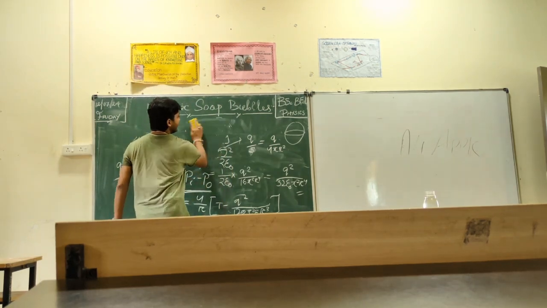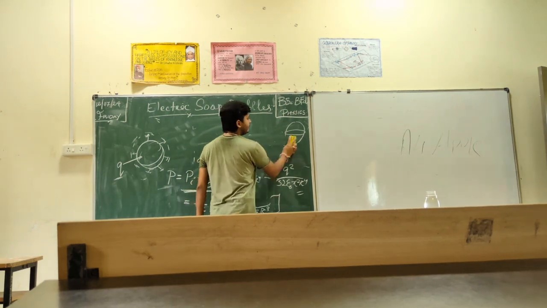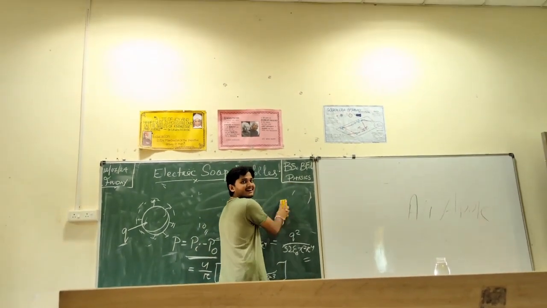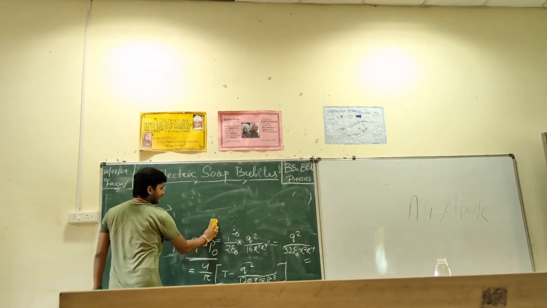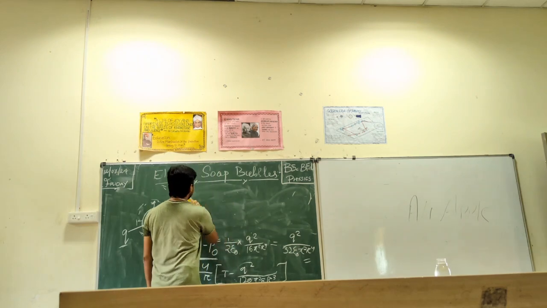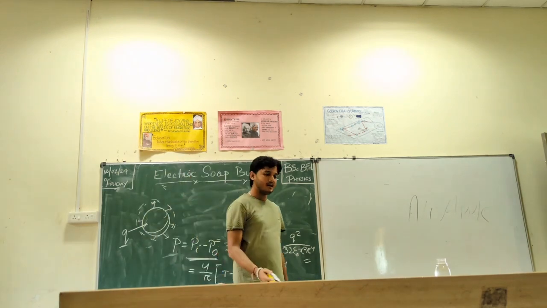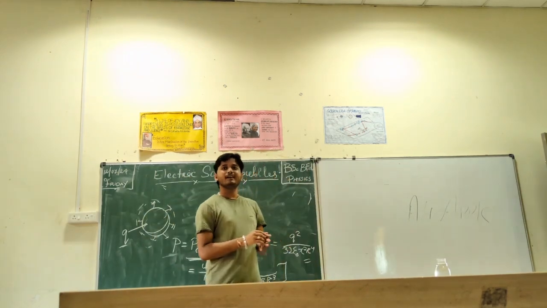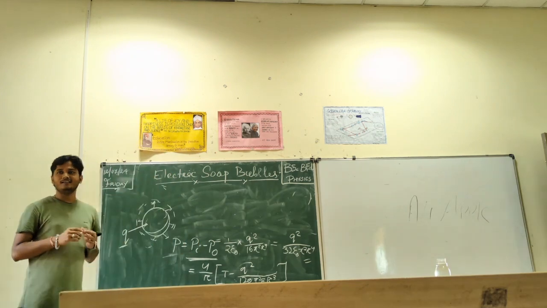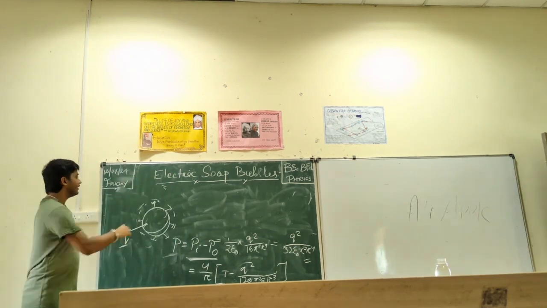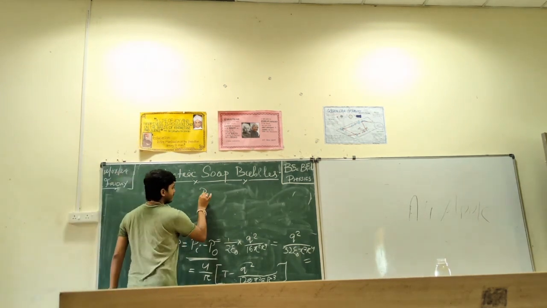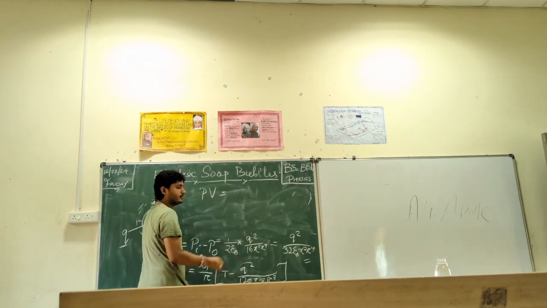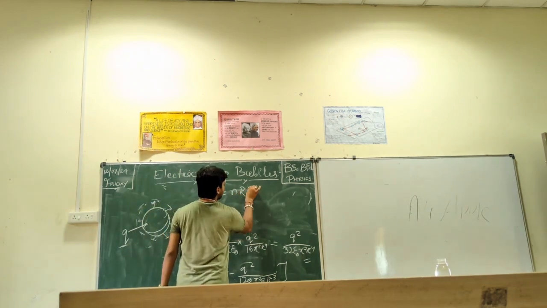What is Boyle's law? Boyle's law, Charles' law. Pressure is inversely proportional. But how is it coming? This theory, how we know the ideal gas equation, PV is equal to nRT.